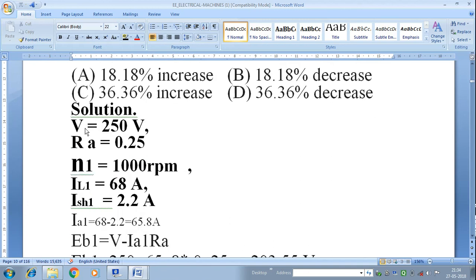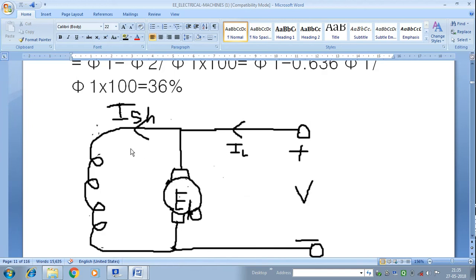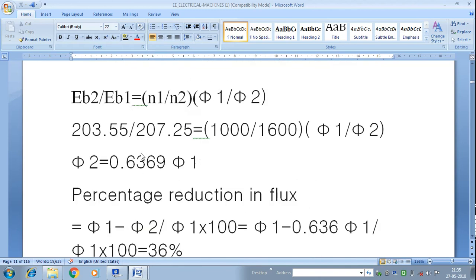Here the voltage given is 250 volt, armature resistance is 0.25, speed in the first case is 1000 rpm, line current IL1 is 68 ampere and shunt field current is 2.2 ampere. This is your shunt motor, this is the shunt field, this is the line current, this is the supply voltage, and this is the back EMF developed in the shunt motor.